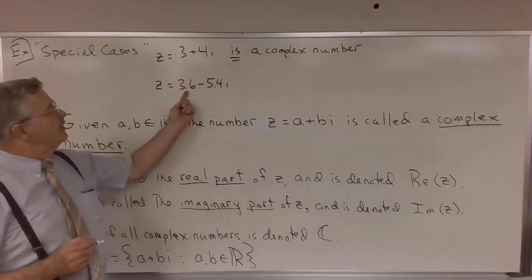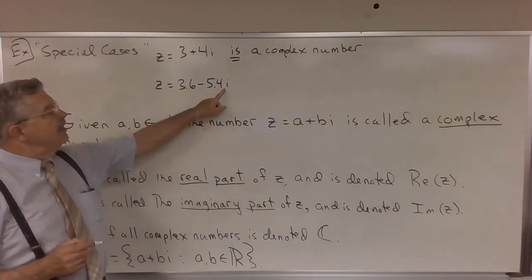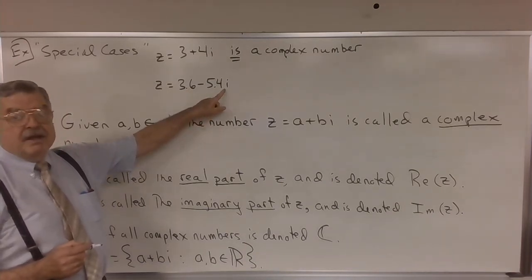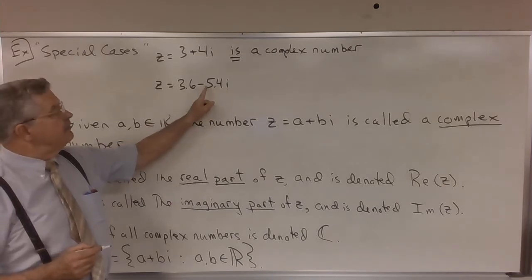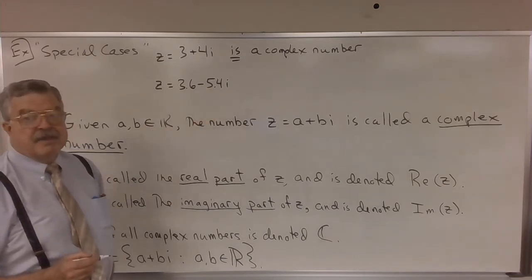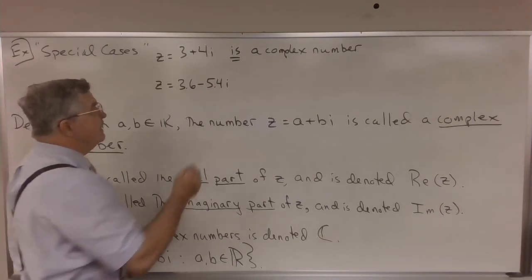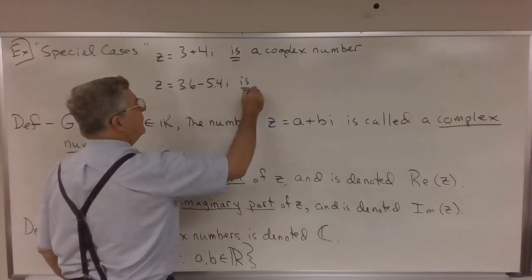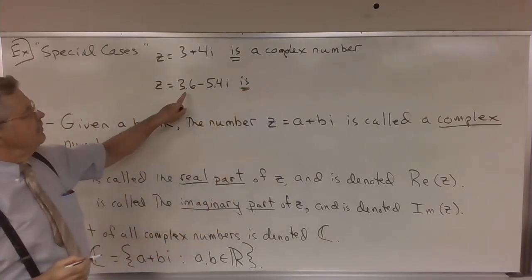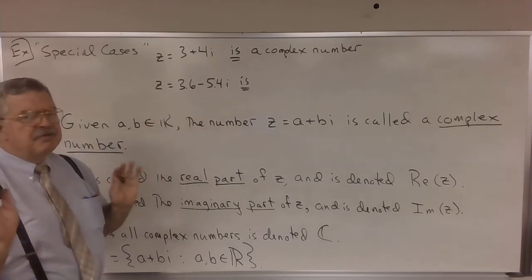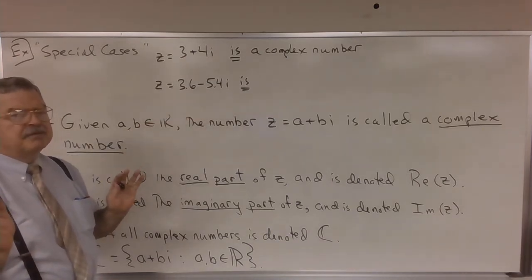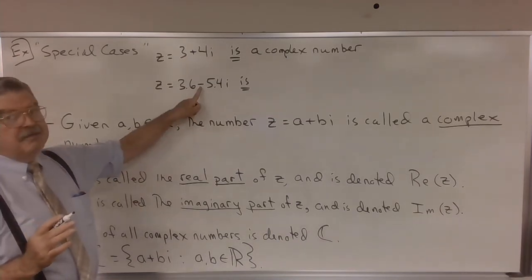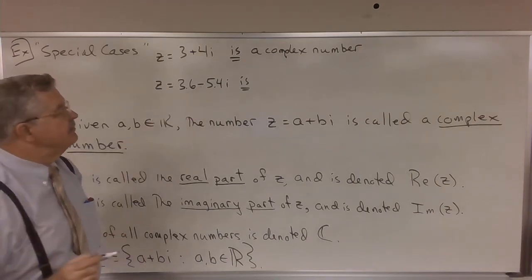Well, it's the sum of a real number, 3.6, plus an imaginary number, negative 5.4 times i. So yes, that is a complex number. The real and imaginary parts don't have to be whole numbers. And this does not have to be a plus sign here. It could be a negative sign.